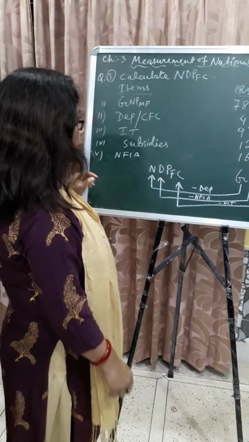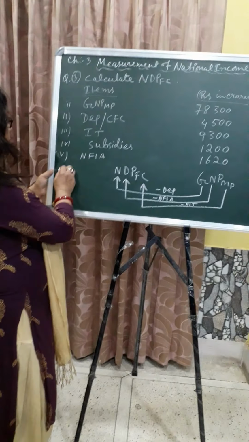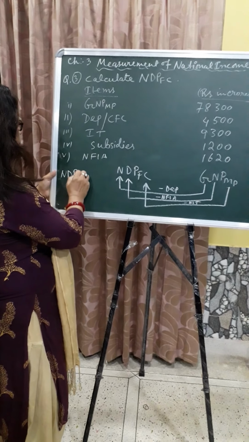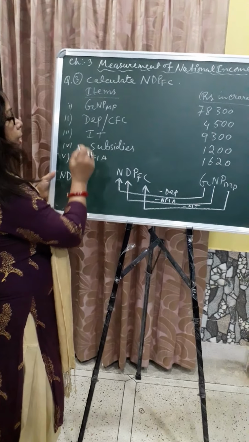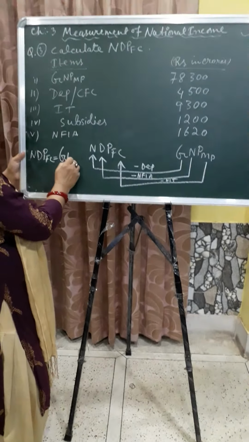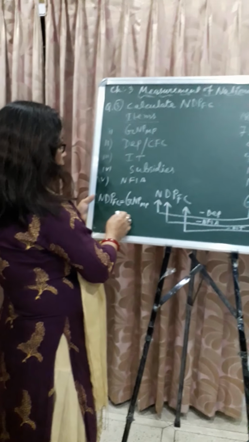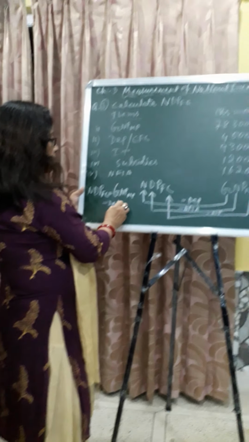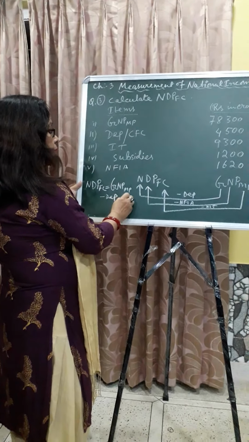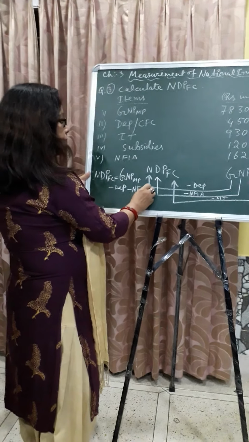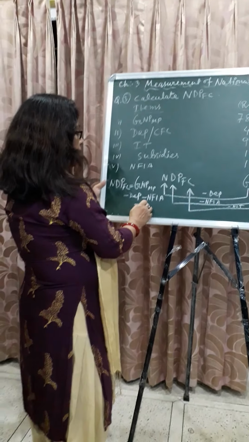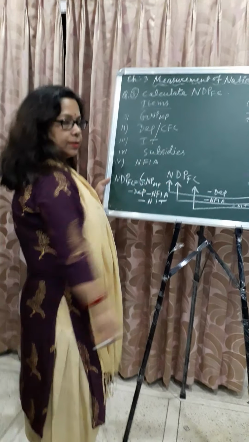So now calculate NDPFC. NDPFC equals GNPMP, minus DEP, minus NFIA, minus NIT.